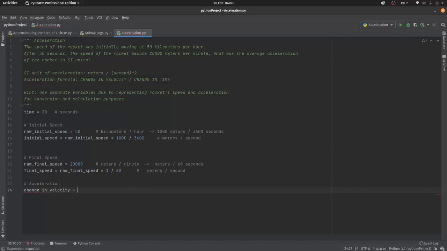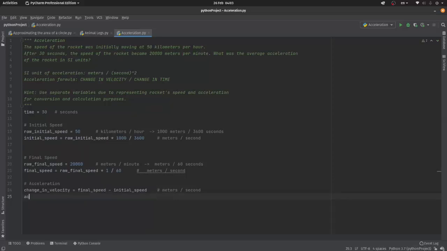This is the name of the variable. Its value is final speed minus initial speed, which is again in meters per second, just as given in the SI units.